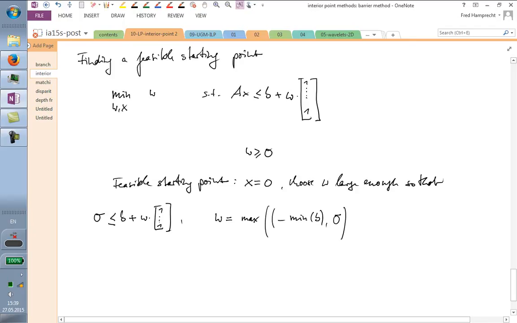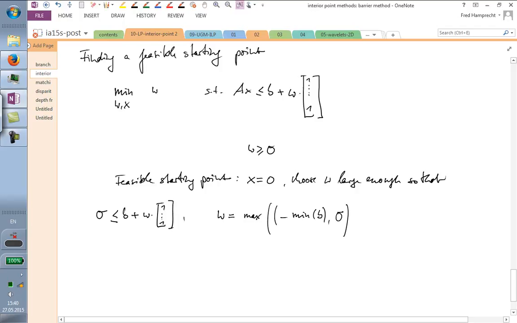And then this problem can be solved using the barrier method.